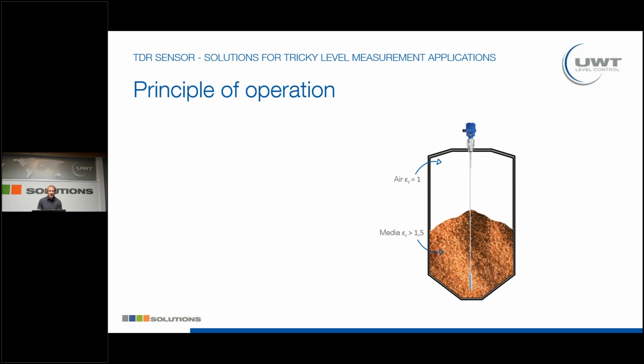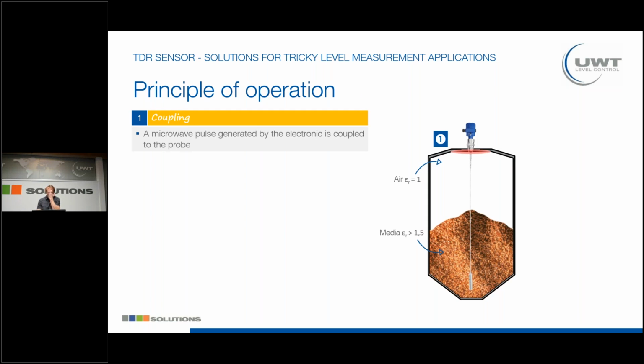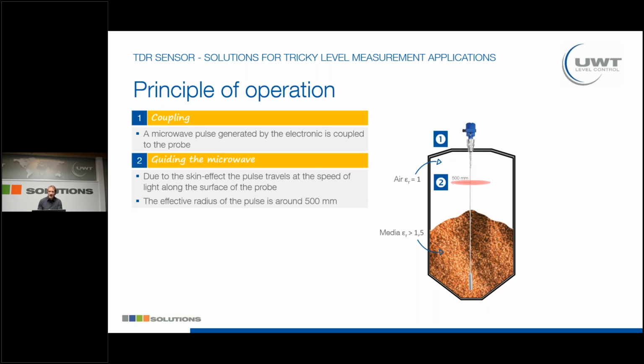So what happens when we're measuring a level with TDR sensors? So we have a microwave pulse that is generated by the electronic and is coupled onto the probe. So as we had it in the slide before, the probe can be either a rod, a rope, or this coaxial version. And due to this skin effect, the pulse travels with the speed of light along the probe. And the effective radius of the energy of this pulse is 500 millimeters.